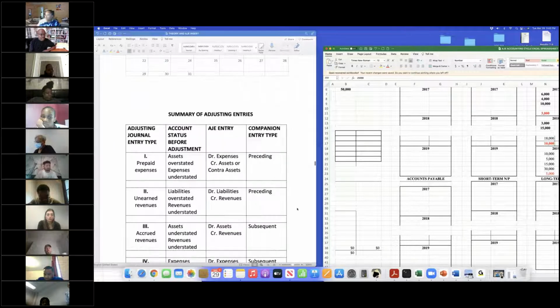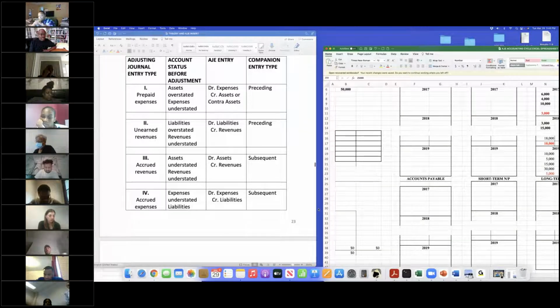First of all, on accrued revenue, the assets are understated and the revenues are understated. So we're going to make an entry debiting asset and crediting revenue. Then there's going to be a subsequent entry that involves cash. Same thing for accrued expenses. We're going to debit the expense and credit the liabilities. We're going to pay cash later. So whereas in these first two, the cash came in first, in the next two, the cash goes out later. So let's see if we can look at one quickly.